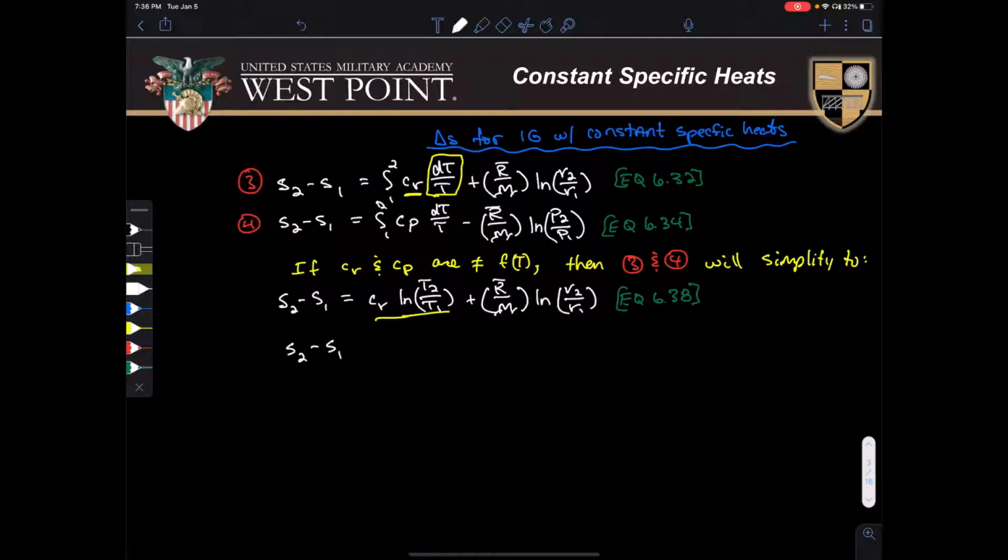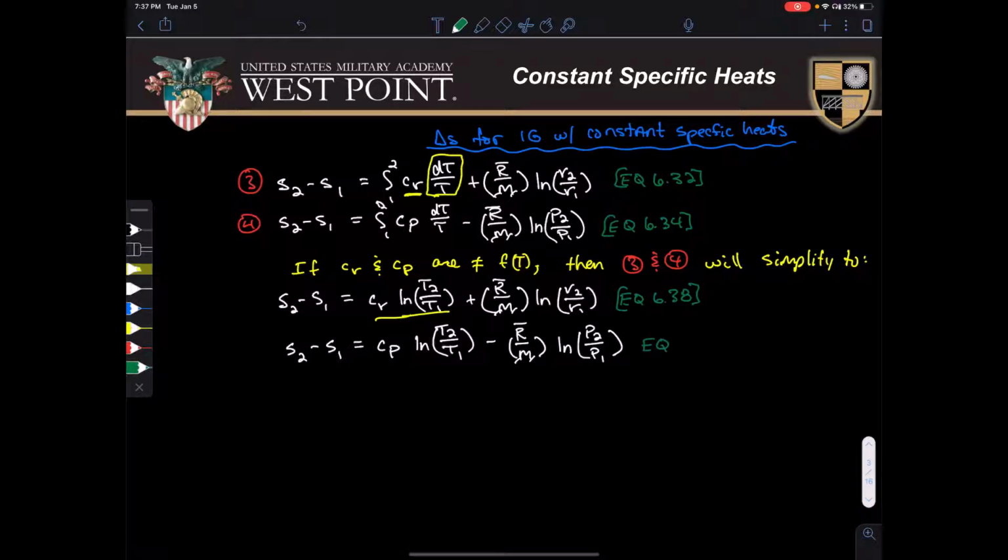Entropy at state 2 minus entropy at state 1 is equal to our specific heat at constant pressure times the natural log of temperature at state 2 divided by temperature at state 1, minus universal gas constant divided by the molecular weight times the natural log of our pressure at state 2 divided by our pressure at 1.